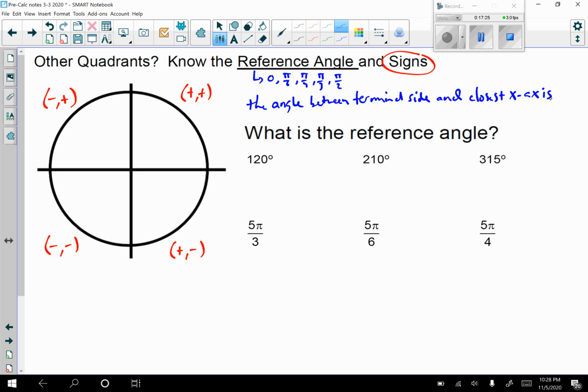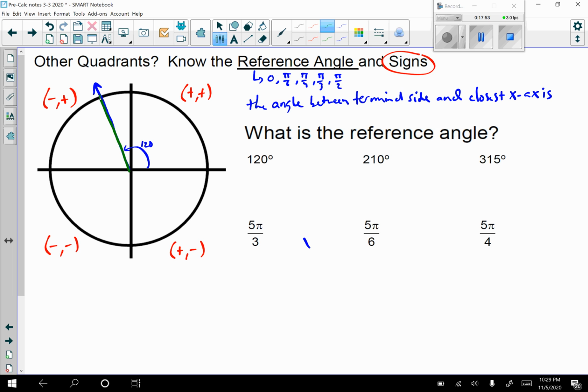Let's look at 120 degrees to give an example of this. We'll look at the other ways you can do this. So on 120 degrees, the terminal side is what we're going to draw. That's bigger than 90, so we are in the second quadrant over here. That is about 120 degrees. Okay, 120 degrees measures this side. So the reference angle is between that line and the closest x-axis.